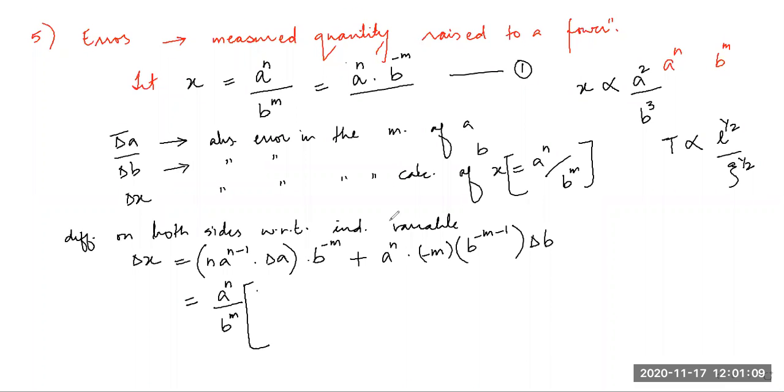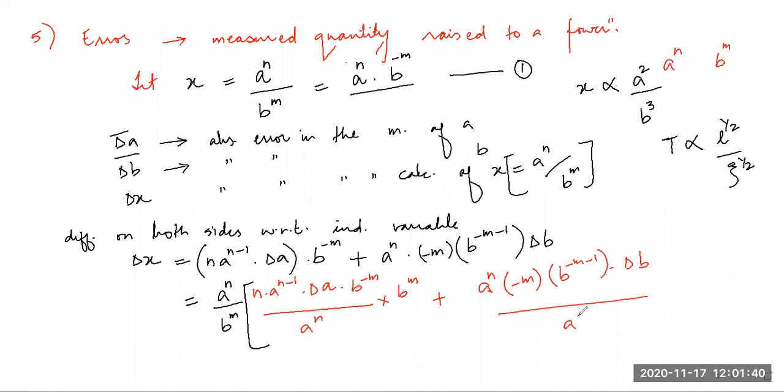So I will write it as n into a raised to power n minus 1 into delta a into b raised to power minus m divided by a raised to power n multiplied by b raised to power m, plus a raised to power n into minus m into b raised to power minus m minus 1 into delta b divided by a raised to power n into b raised to power m.